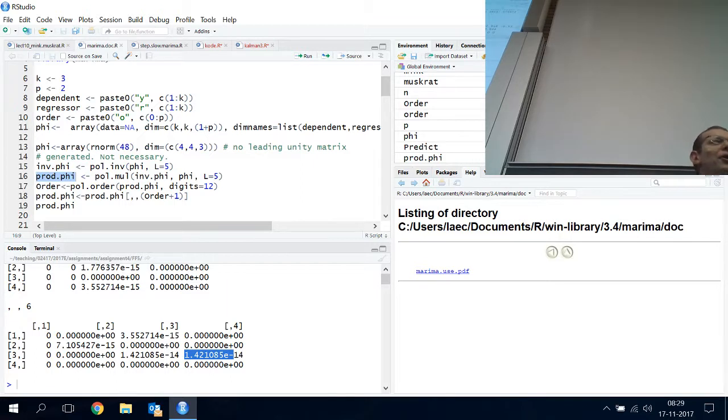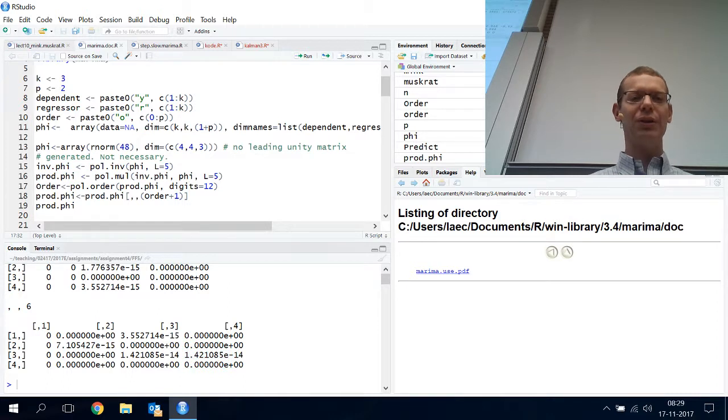So those are numerical rounding errors, because I truncated the series. If I had added more lags in my calculations, those numbers would be smaller. Now, for practical purposes, a number that is 10 to the minus 14 is virtually 0, right? At least when other numbers that you multiply with are of the order of 1. So as long as other numbers are large, those coefficients don't matter.